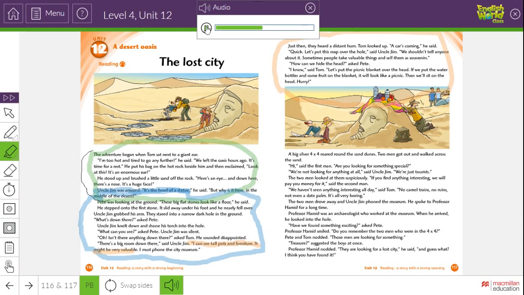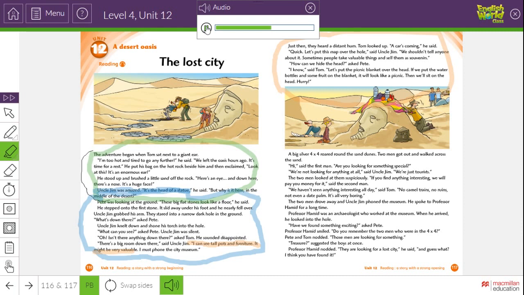Just then, they heard a distant hum. Tom looked up. "A car's coming," he said. "Quick, let's put this map over the hole," said Uncle Jim. "We shouldn't tell anyone about it. Sometimes people take valuable things and sell them as souvenirs."